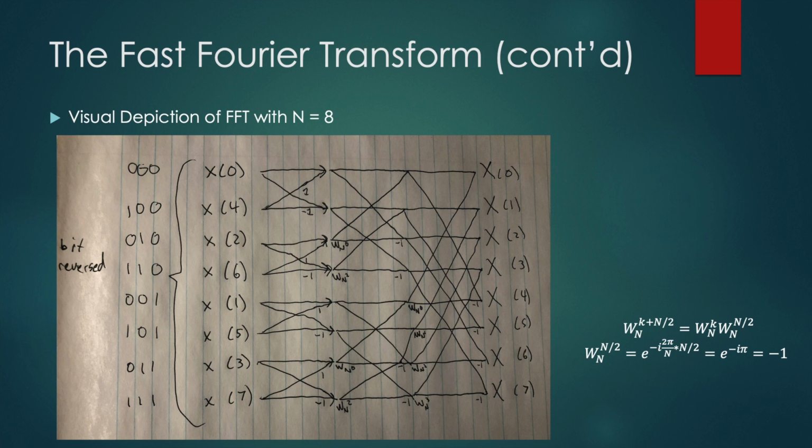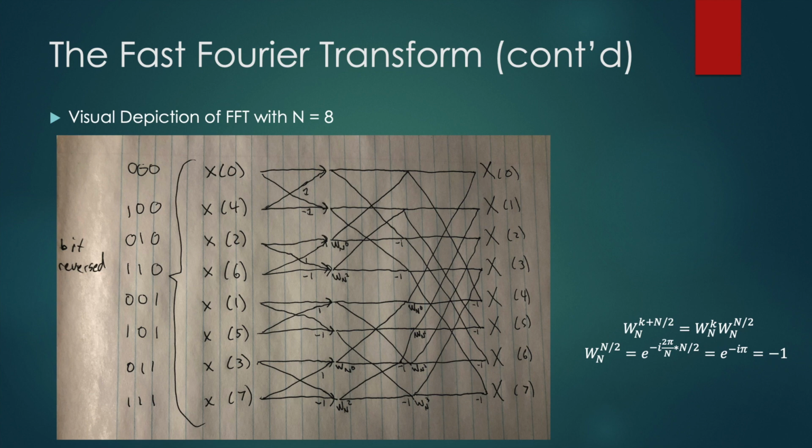So for stage 2, that's actually Wn to the 2k because you're using a W N over 2. And so you'd think k goes from 0 to 6 in steps of 2, but from the formulas on the right, you actually don't have to compute for any k greater than N over 2, because if your k is greater than N over 2, you just subtract N over 2 and it's the negative of that.